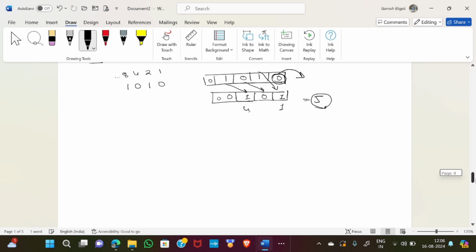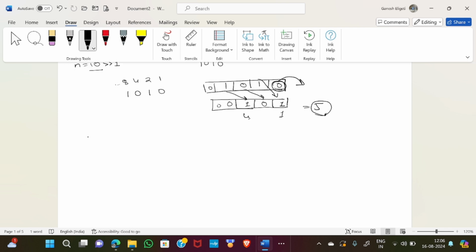Let's take another example and understand this. So n equals 13, let's say. 13 is represented like this in binary form: 1, 0, 1 and 1. Now let's see what happens when you do right shift to this.